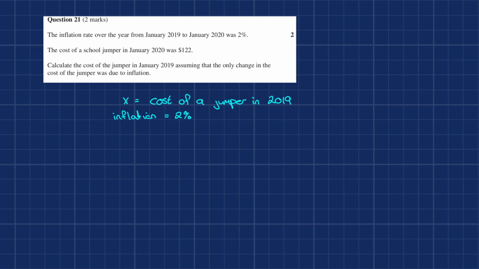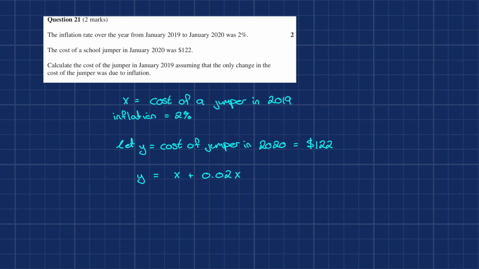So let x equal the cost of the jumper in 2019, and let y equal the cost of the jumper in 2020, which we know to be $122. Right, so y is equal to x, the original cost of the jumper, plus the 2% inflation rate.